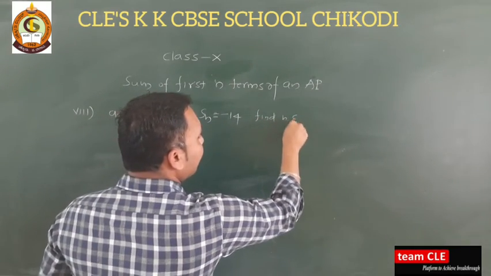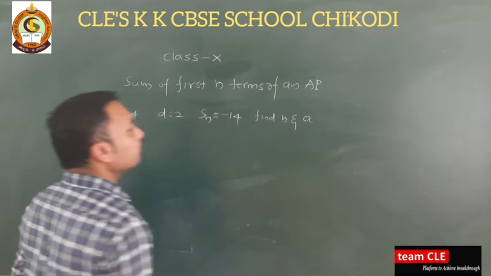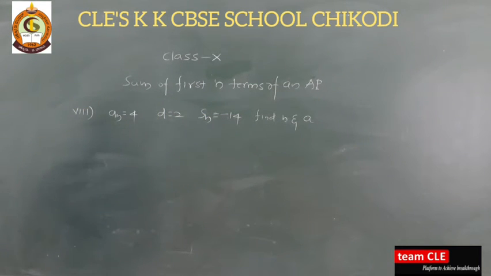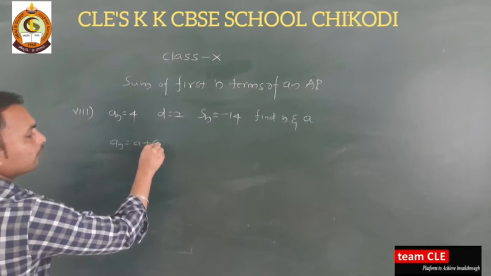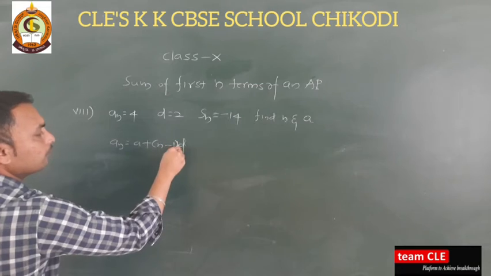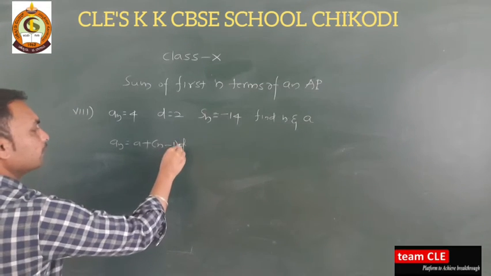Well, so they are given n is equal to 4 this time, d is equal to 2, and we need to find a. So for that we have the formula an is equal to a plus n minus 1 into d. So this is very simple.